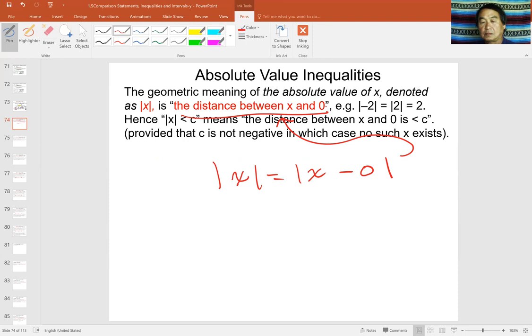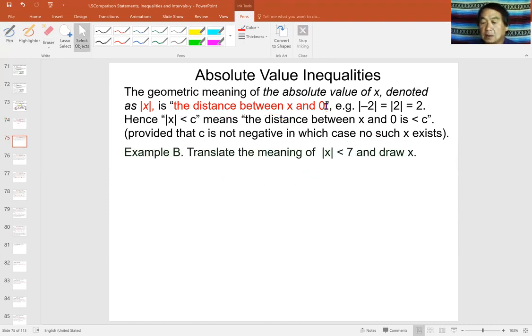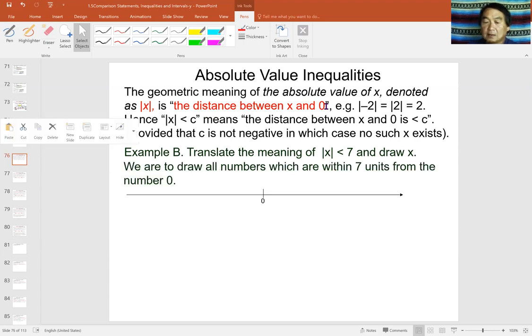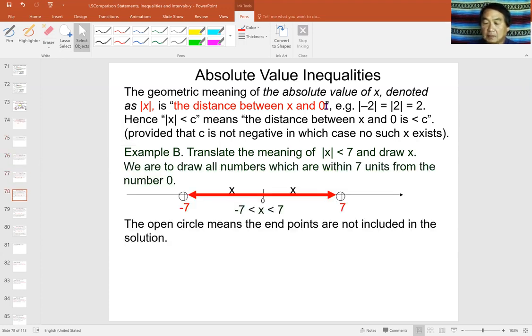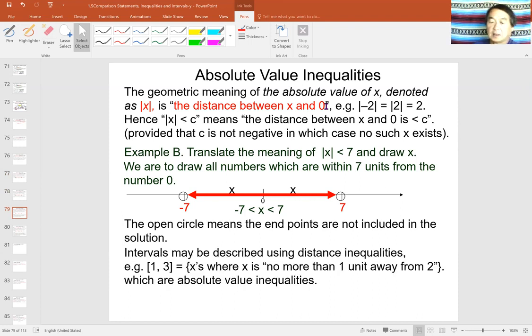So from here we will interpret absolute value as distance, and translate the distance questions into signs and pictures. Okay, so absolute value of x less than 7 looks like this, 7 to either side.